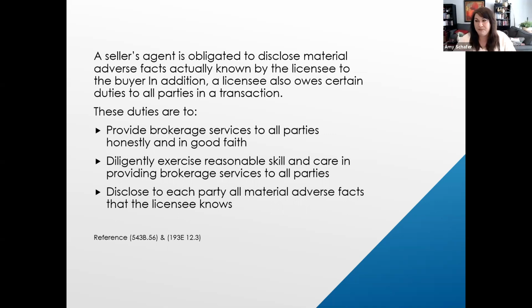So for example, you've got a property that you're working with a seller, it's under contract, and something happens like June 30th of 2018. We had that massive flood, and all of a sudden homes that maybe had never had water in the basement before had water in the basement. That is a material adverse fact, and those must be disclosed to all parties no matter what.